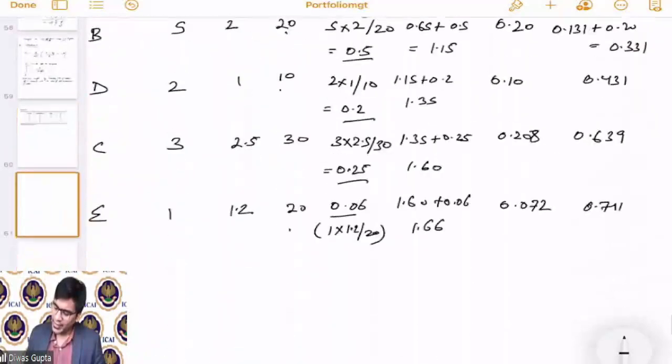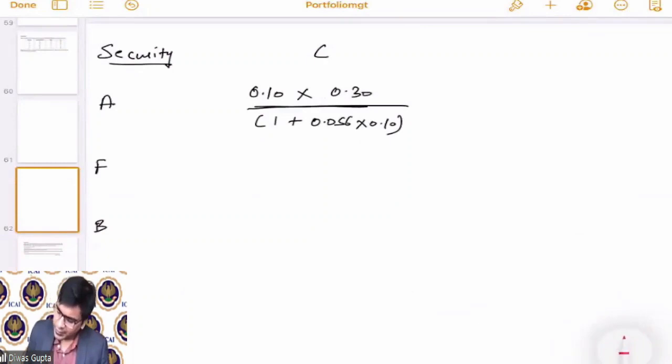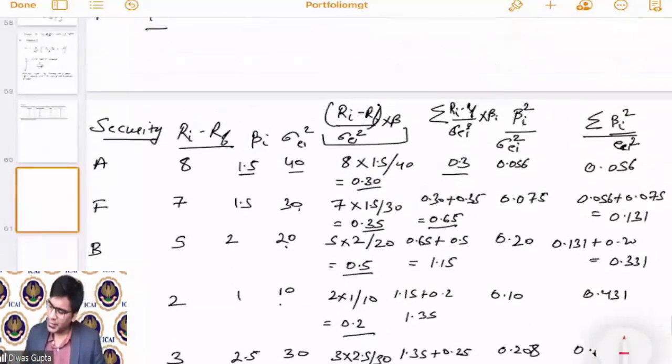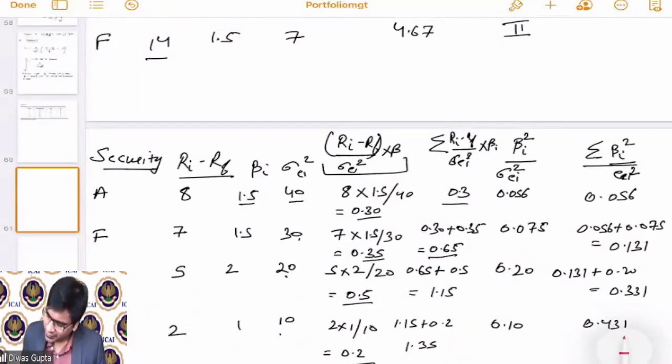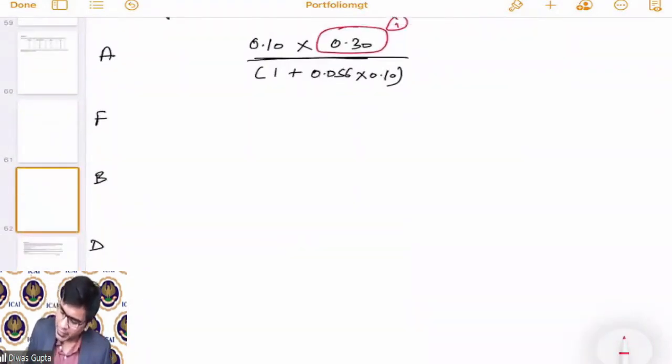So from where I have taken this: the 0.30 is coming from here. Similarly, 0.056 is coming from here in the denominator.